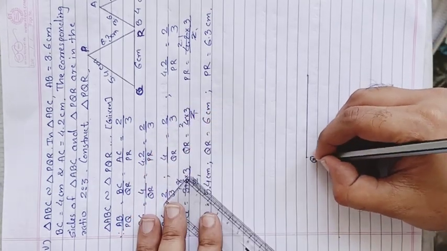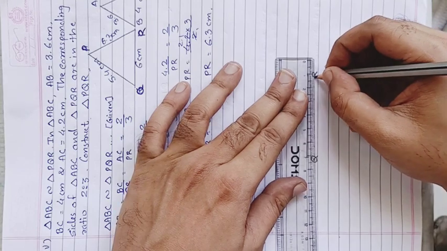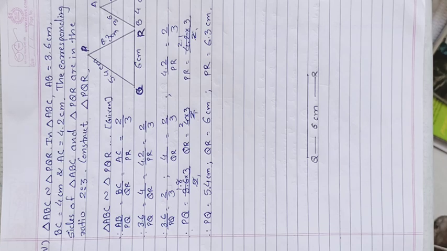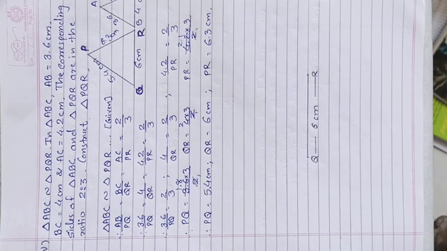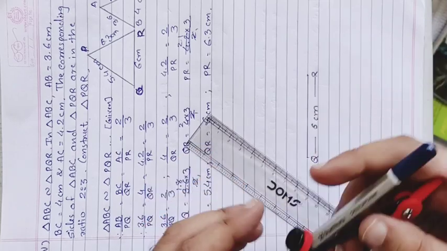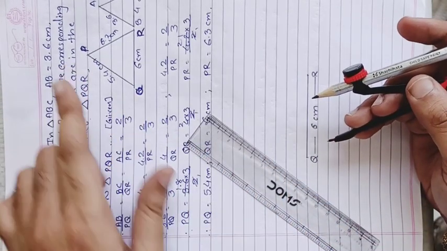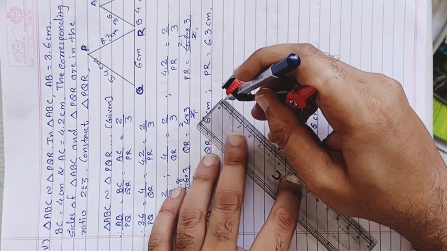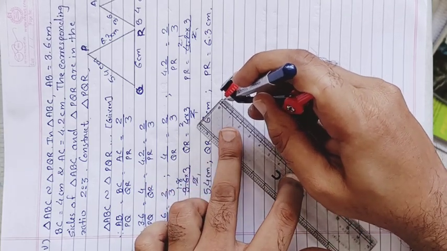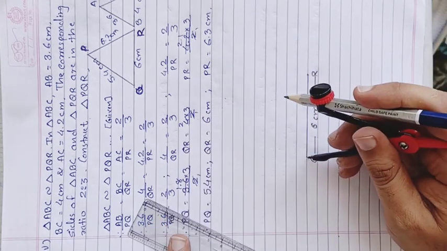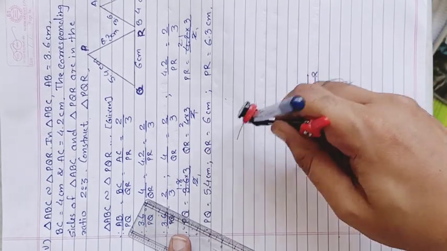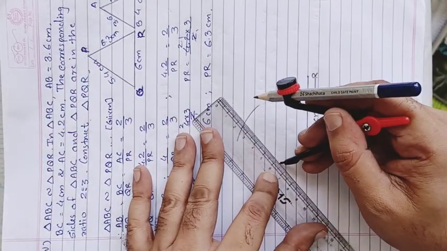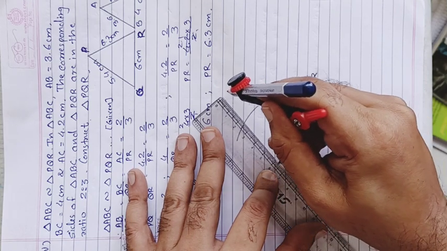And we got QR, but wait, we need to write its length as well. 6 centimeter. Then we need to plot point P, which is 5.4 centimeter away from it. 5.4 centimeter. Okay, and RP 6.3 centimeter.